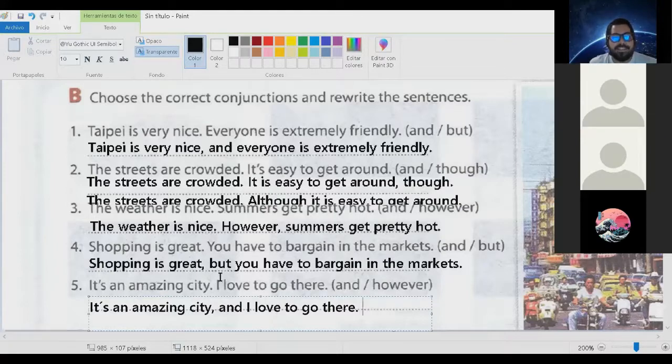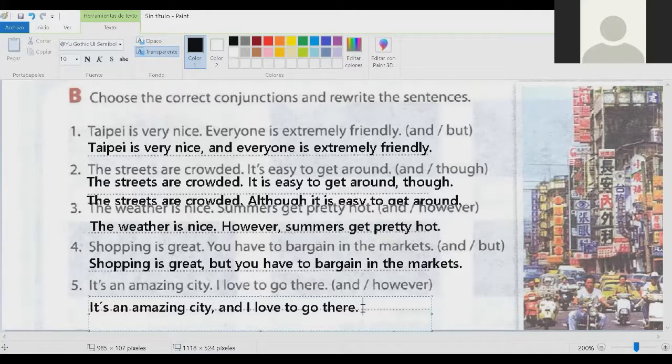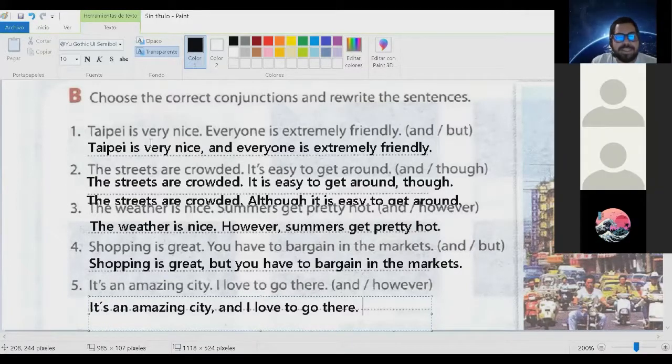Okay, we have one and we have one however. Julie, what do you have in this one? However or and? And. Okay, look at this. We have 2 ands and 1 however. Ali, what do you have in this one? And or however? And. So we have 3 ands and 1 however.